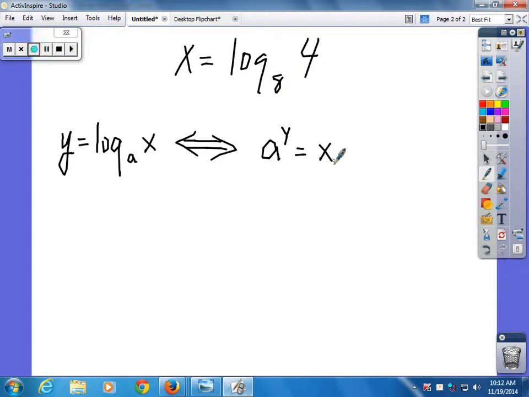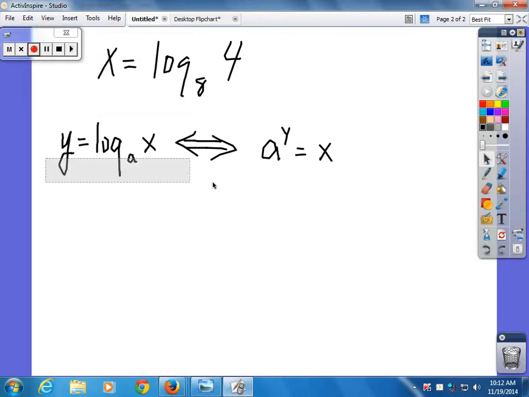Let me make sure I didn't memorize it wrong, because sometimes I have brain bubbles. And this is what I tell students to do: if you struggle with logarithms and think they're difficult, then you need to do this method, at least with these.